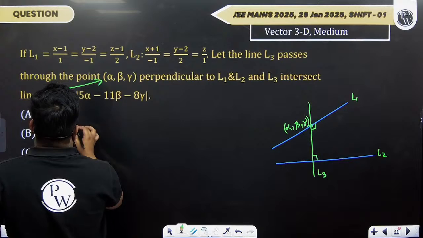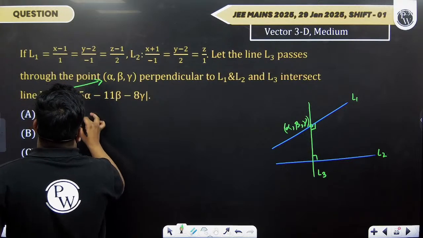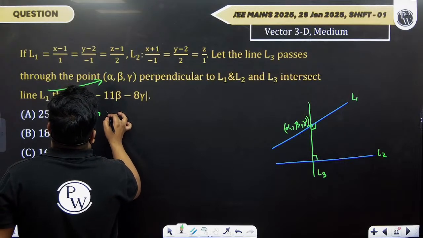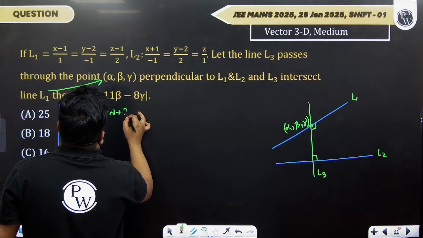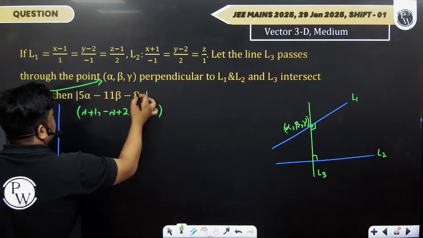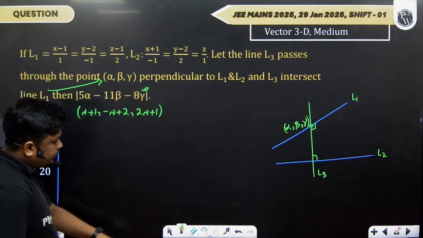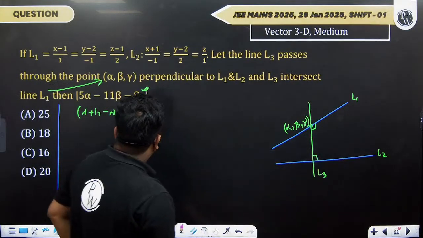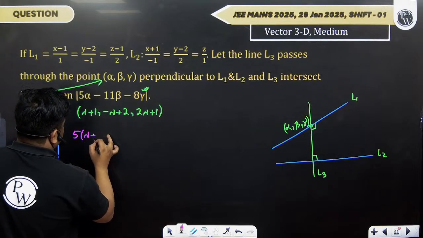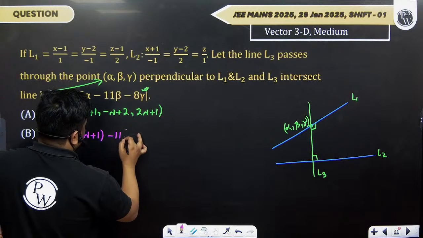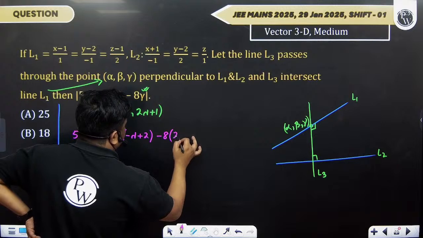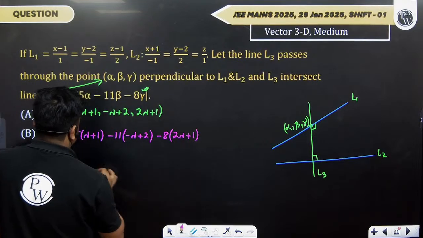Now any point on this line will be of the form lambda plus 1, minus lambda plus 2, 2 lambda plus 1. Now let's try to see what we are getting. So this is 5 times lambda plus 1, minus 11 times minus lambda plus 2, minus 8 times 2 lambda plus 1.